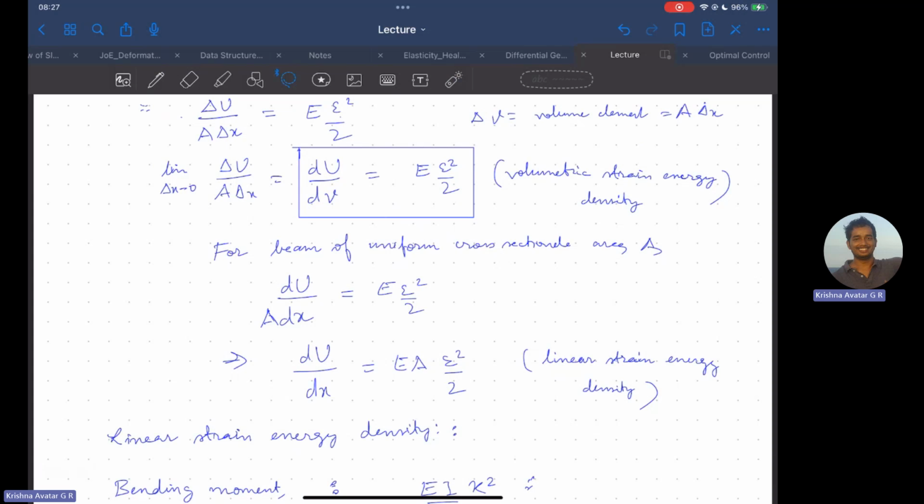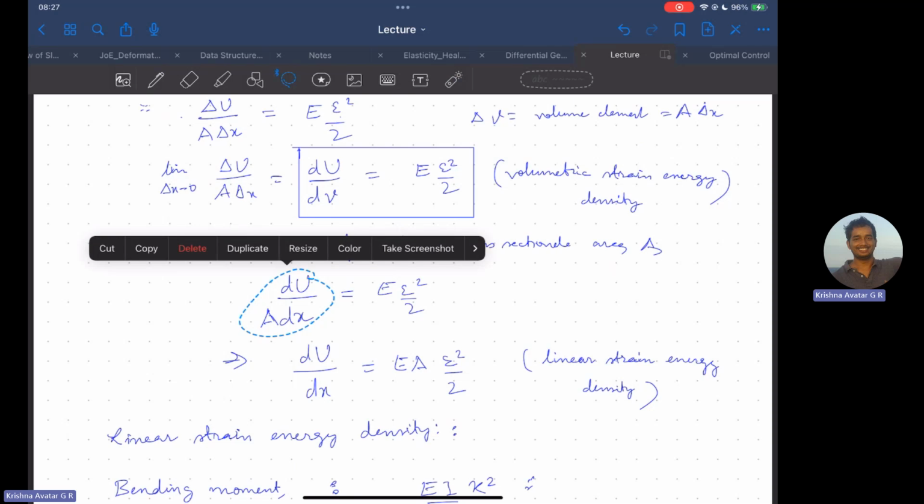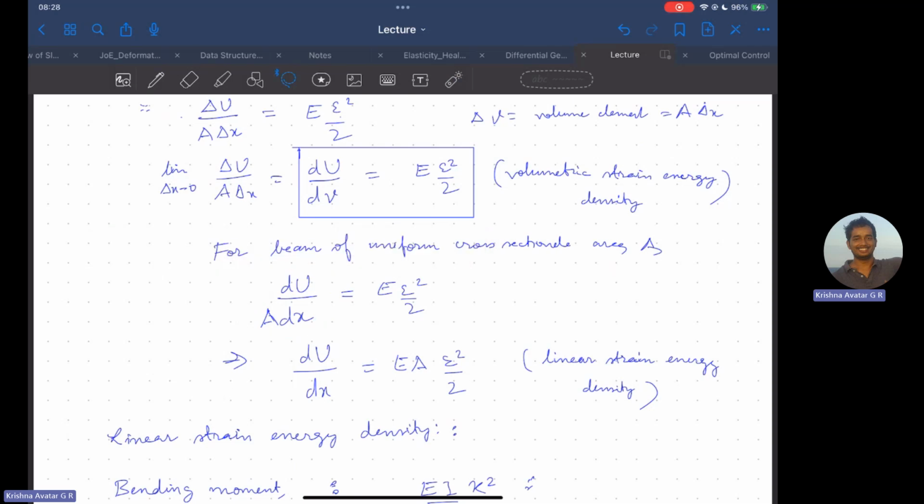For a beam of uniform cross-section area A, we can take dV is equal to A dx. Multiplying both sides by A, we get dU by dx is equal to E A epsilon squared by 2, and this is also called the linear strain energy density, since we have multiplied the volumetric strain energy density by the cross-sectional area.